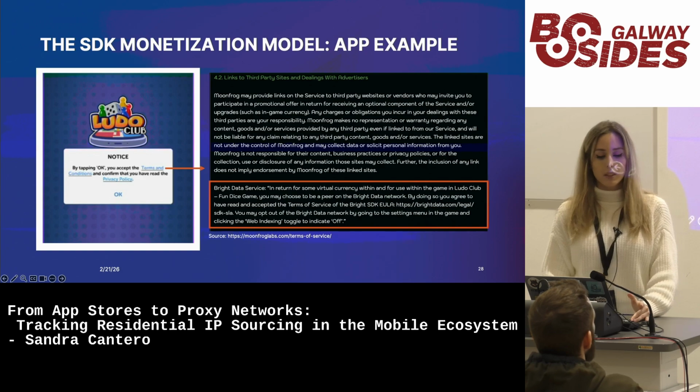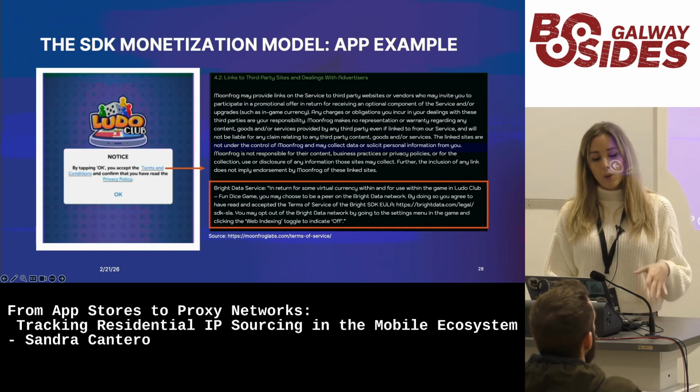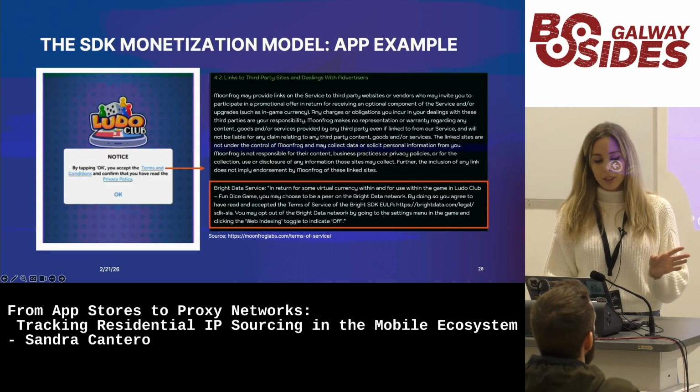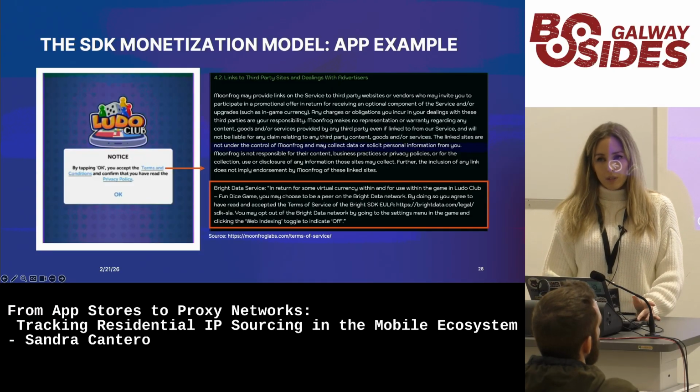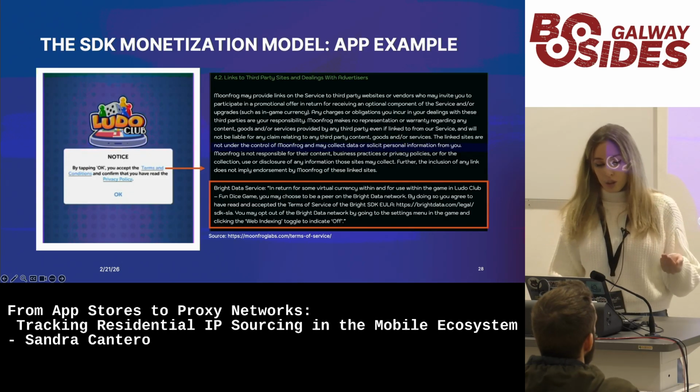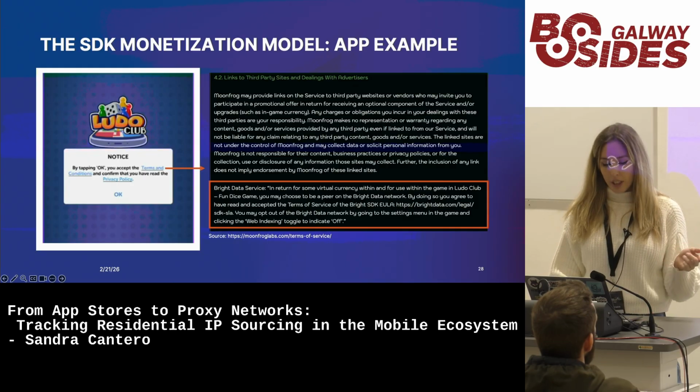So we download this game. What we find is, after choosing the language, we see this notice. This pop-up notice is the first thing you see when you want to play the game. So none of us normally reads the terms of service and conditions. What we will normally do is click OK.